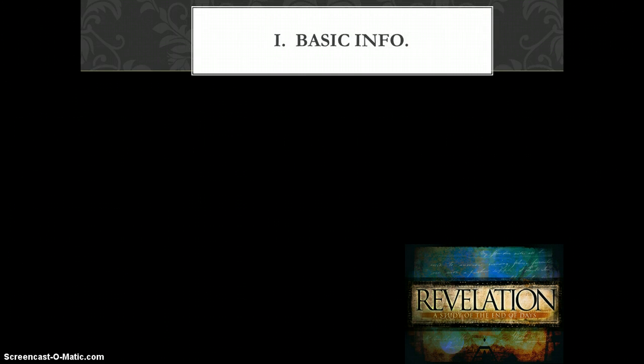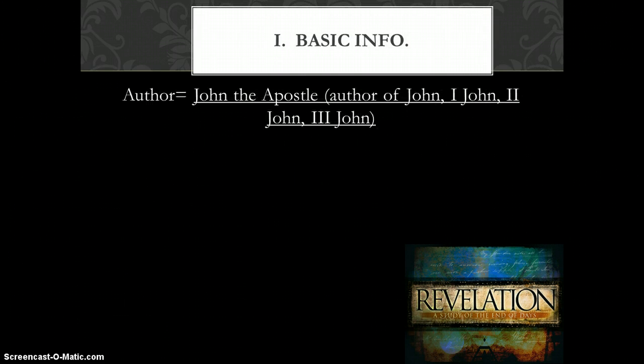So first off, some basic info about the book of Revelation is that the author is John the Apostle, and he also wrote a number of other books: John, 1 John, 2 John, 3 John, along with Revelation. And if you want to get really fancy, some people call these the Johannine corpus, so his body of work. So you can impress your family at dinner tonight if you want to share that. This is the Johannine corpus.